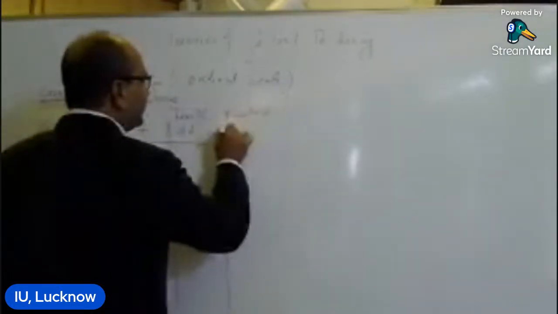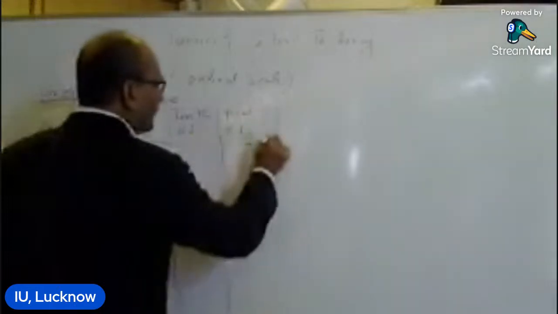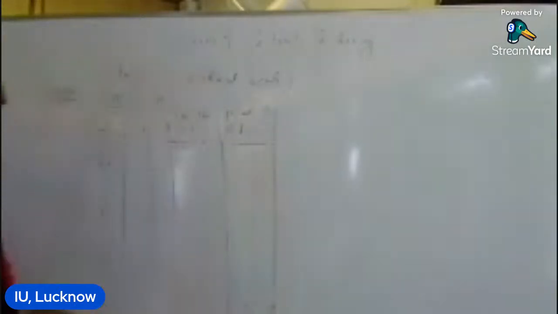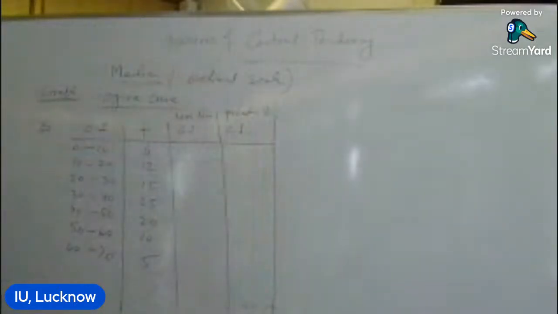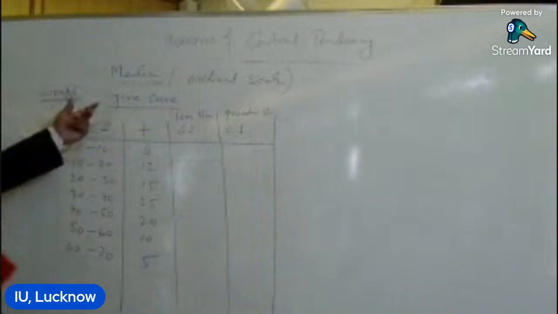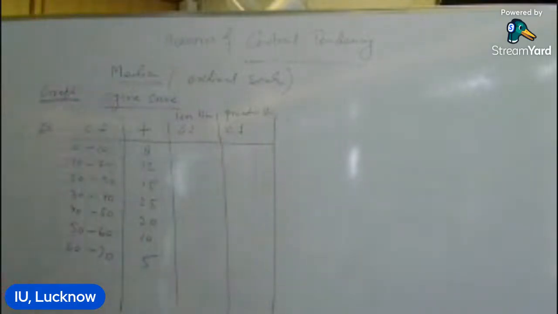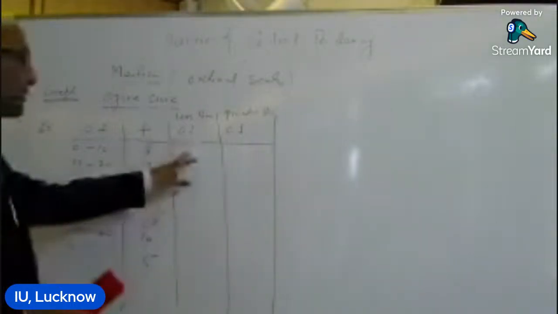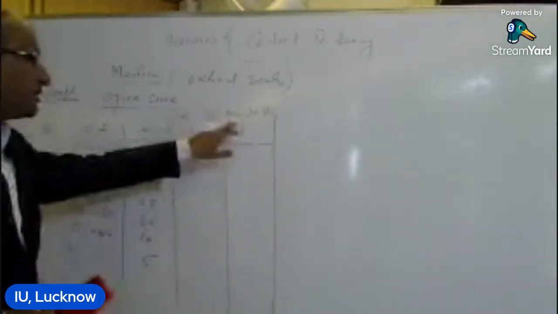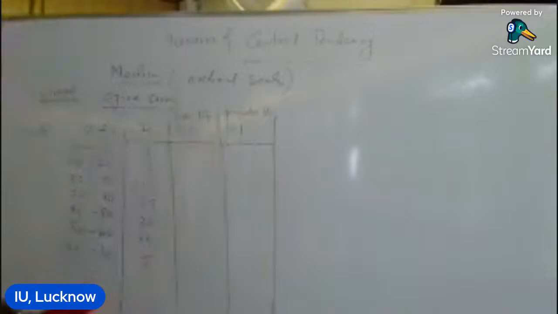So without using the formula of median, you can compute the value of median through the graph. But you just have to find the cumulative frequency, less than type and greater than type. What is the difference between these two?